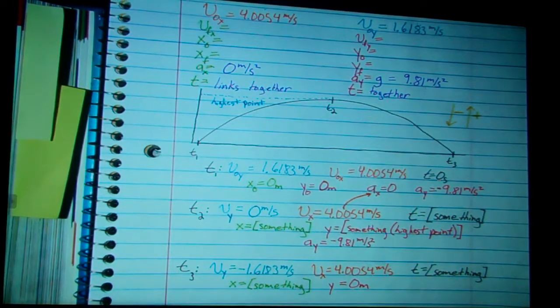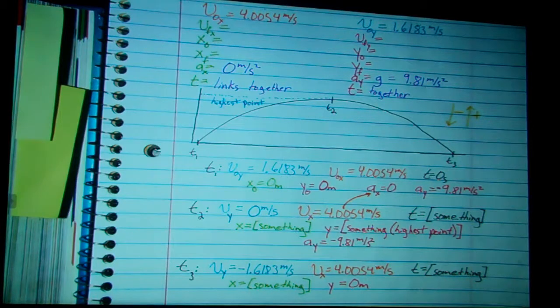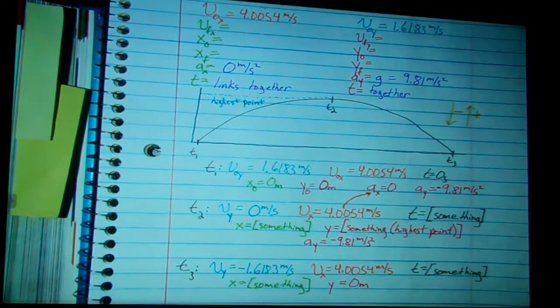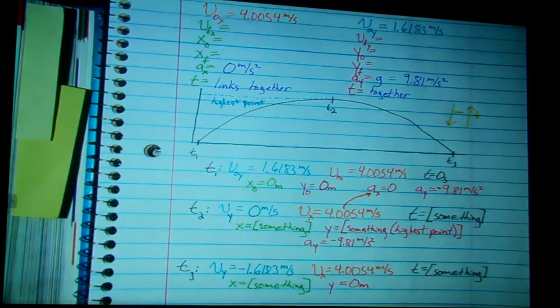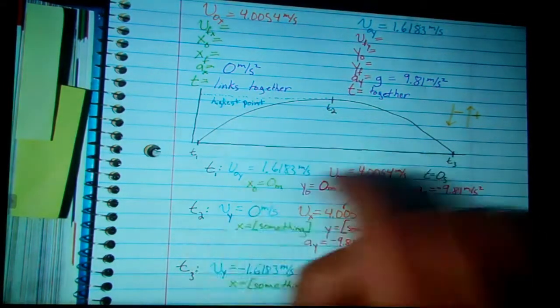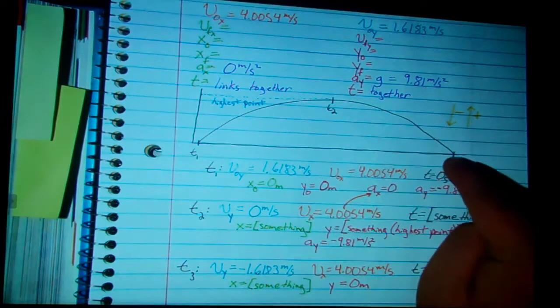Alright, so we left off yesterday talking about motion in two dimensions. We talked about how you break different situations down: the starting point, the highest point, and the end point.